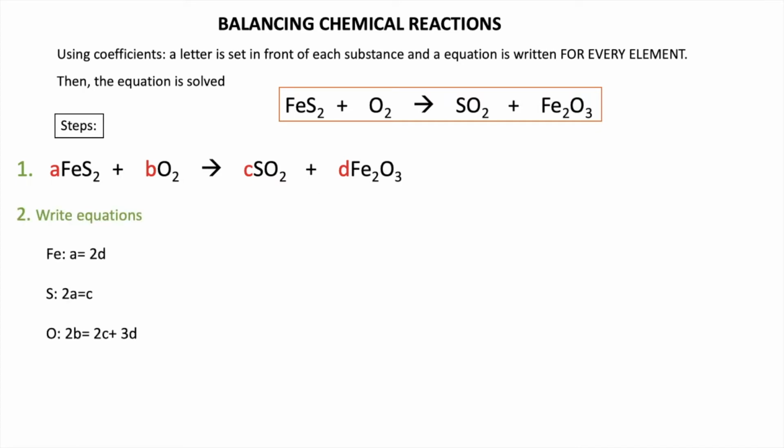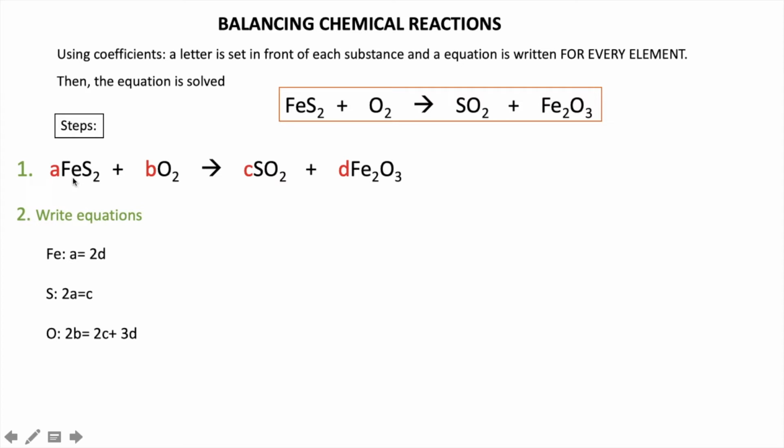Step 2. We need to write equations for every element. Chemical formulation is very important here. Iron, sulfur, and oxygen. Do we have anything more? No. So we write iron, sulfur, and oxygen, and we write the equations. For example, iron.